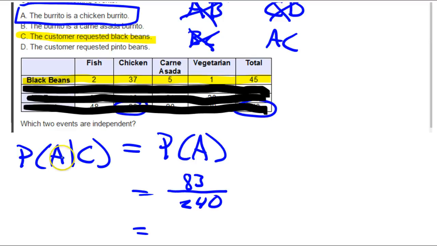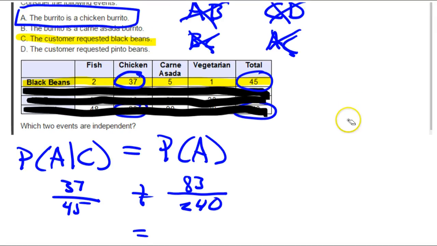Now let's calculate the probability of A under these circumstances. A is chicken burrito, so that's 37 out of 45. That does not equal 83 out of 240. So A and C are not independent. What about A and D? Let's check that out.